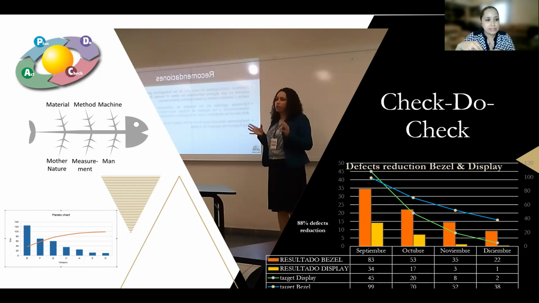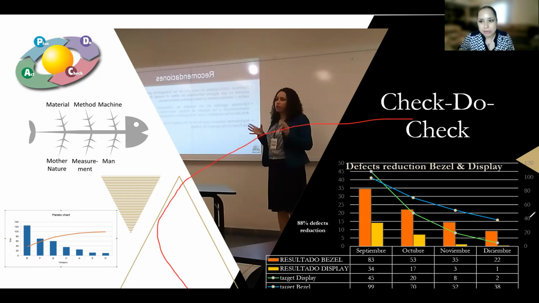So we organized those problems into a Pareto chart, and then we had something that we could start working with. And that's how at the end, we could gather this information that you are seeing here.